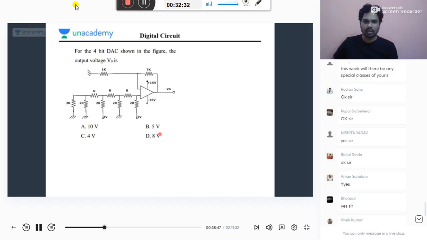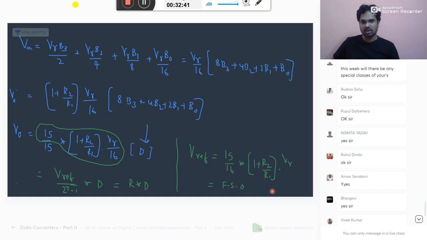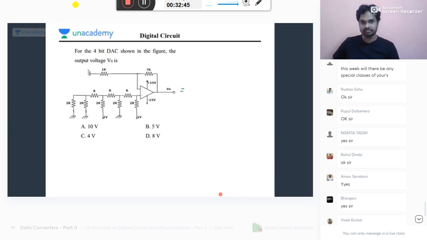So listen here. What is V naught? Don't remember this formula; I never suggest you remember it. The easiest, shortest path is 1 plus R2 by R1, which is 7K by 1K, very simple. What is your input here? It is the MSB.